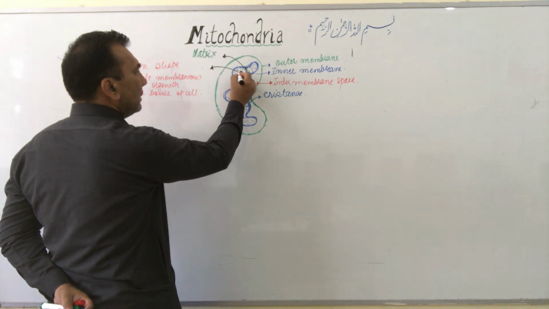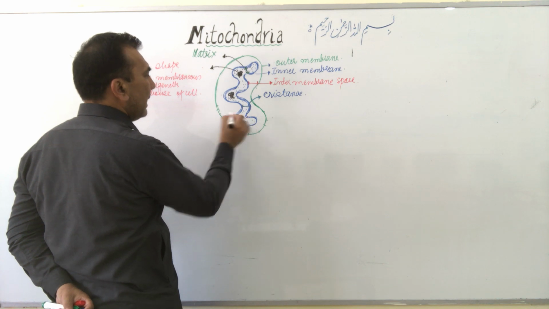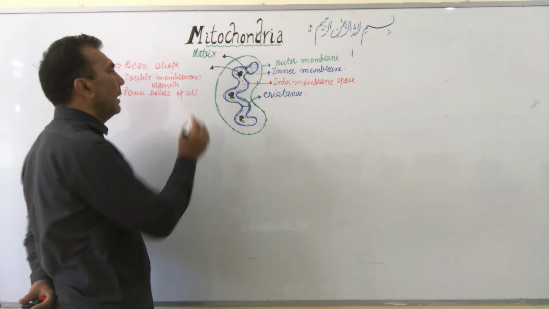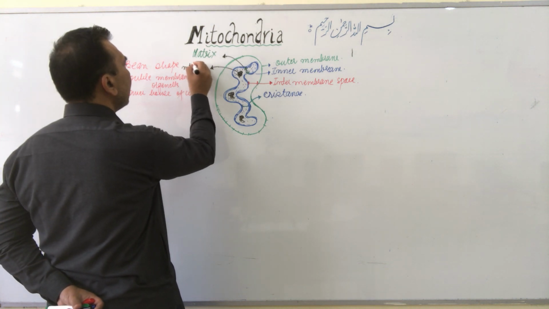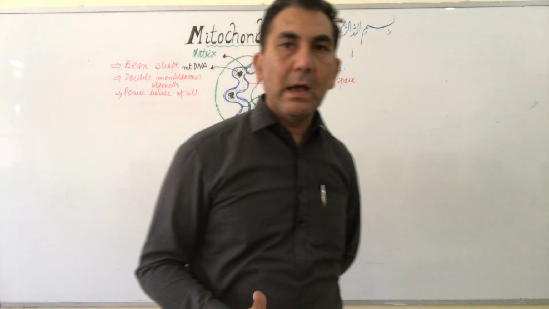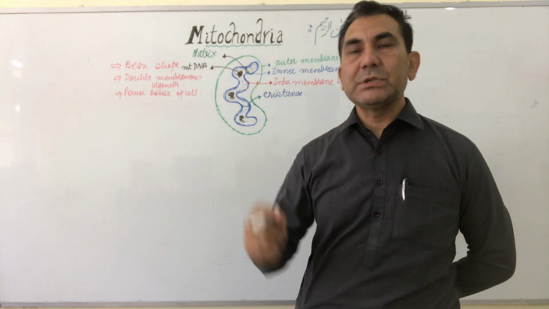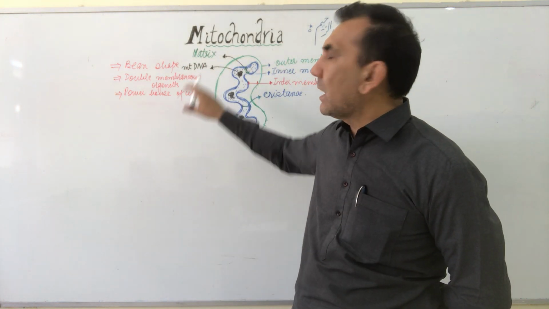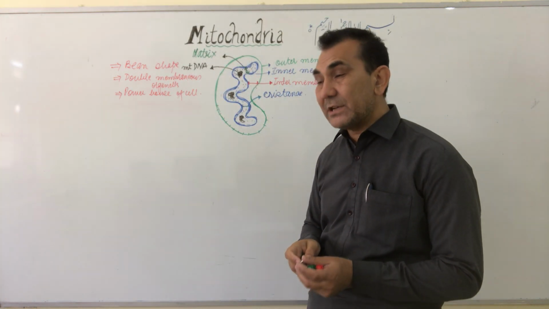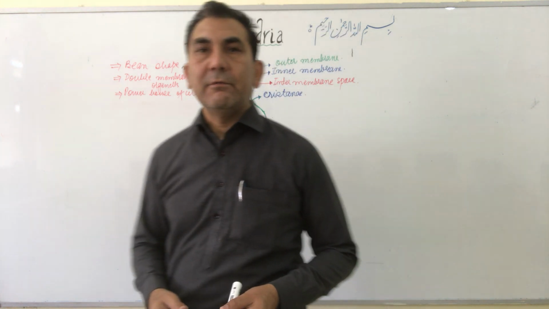Now inside the matrix, as you are looking here, there is some nuclear material, and this material present inside the matrix of the mitochondria is called the mitochondrial DNA, because the mitochondria have their own genome material. And this mitochondrial DNA is actually derived or acquired from the maternal female gametes.